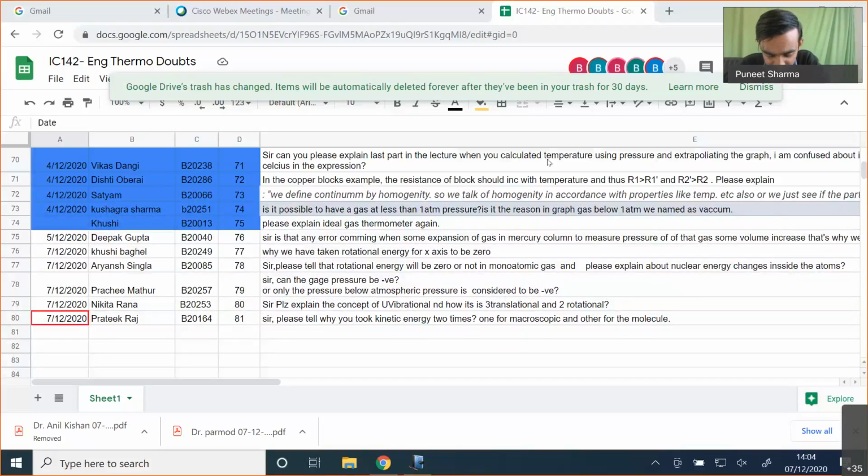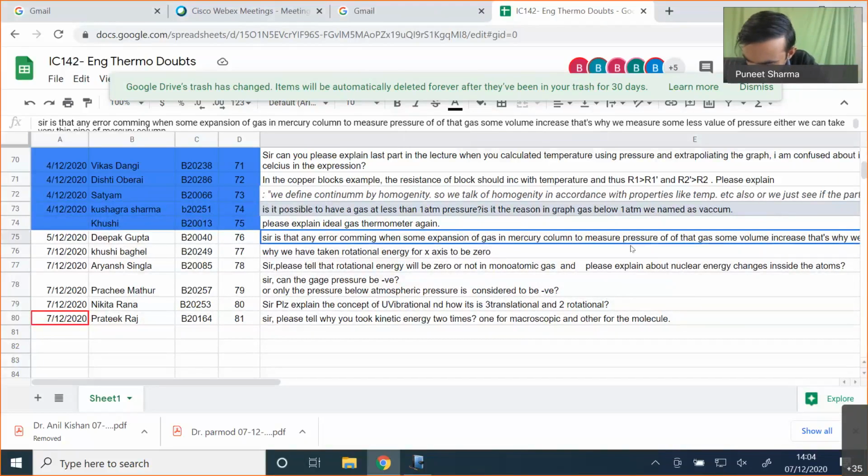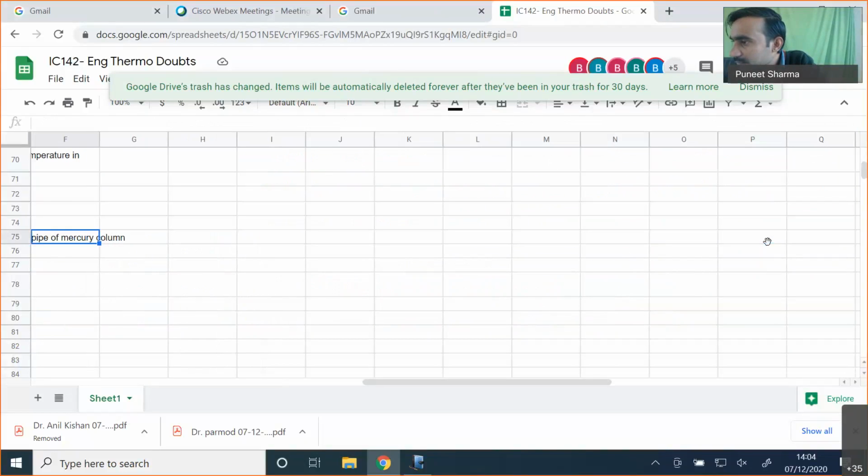The question is: is there any error coming when a gas expands in a mercury column to measure the pressure of that gas, since the volume increases, that's why we take a pipe of mercury column.